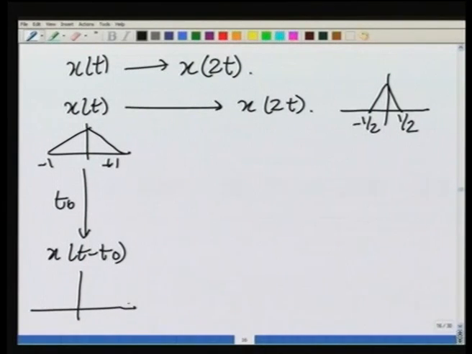Let us say t naught is positive, let us say t naught is equal to 1. So, the output is sketched as, and it runs from 0 to 2 with its peak at 1.